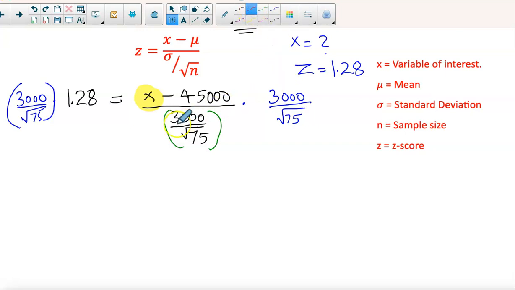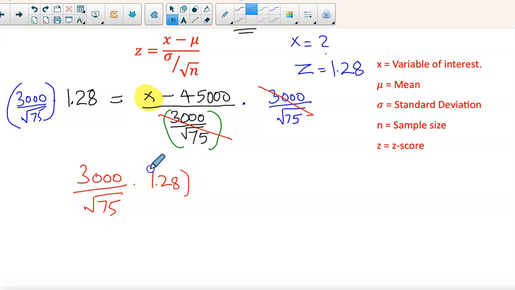By doing so, this is cancelled. The denominator, the difficult part, is taken care of. So now what is remaining? I have 3,000 divided by square root of 75 times 1.28.